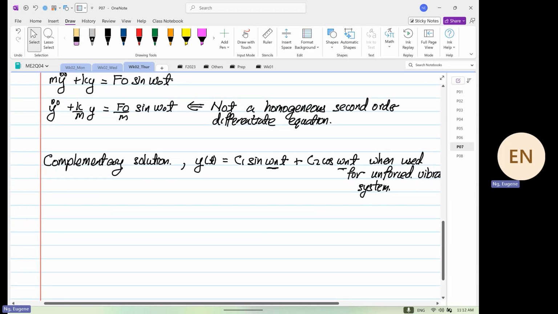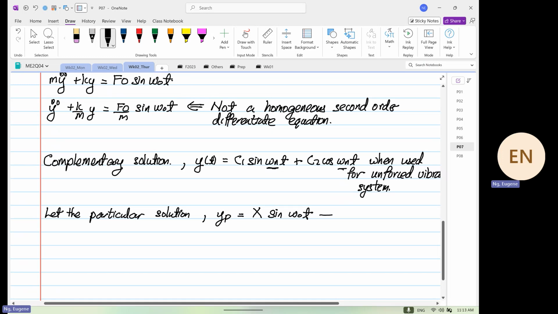So from here, we're going to solve this slightly differently. Now we're going to let the particular solution, okay, be y p, which is equal to X sine omega naught t.